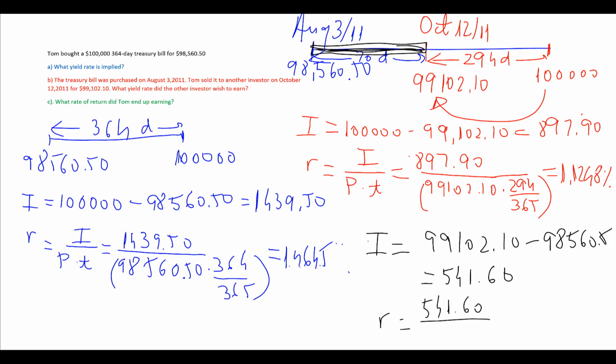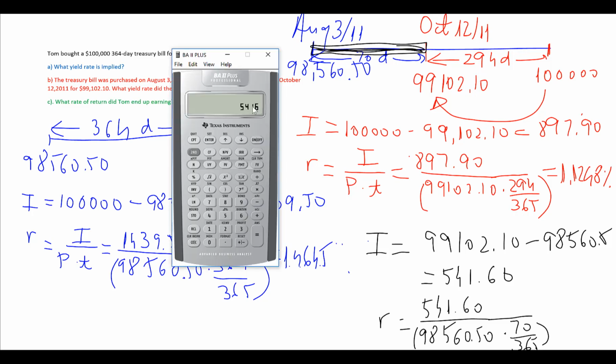$541.60 divided by the purchase price, $98,560.50, and he had this treasury bill for 70 days. Let's calculate this rate.